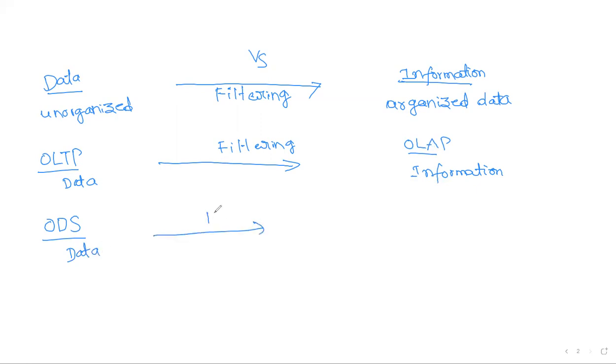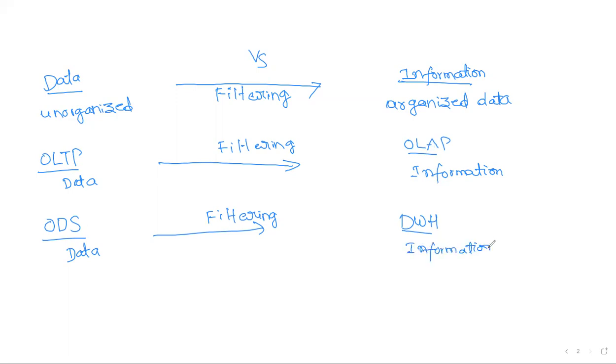After filtering, by doing some techniques or by modeling, of which there are other modeling techniques coming in later sessions, you go from the ODS to the DWH, the data warehouse. The data collected in the ODS, if you apply filtering or make some changes, gives you information in the DWH.